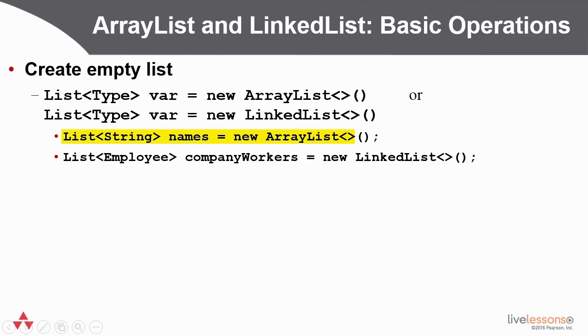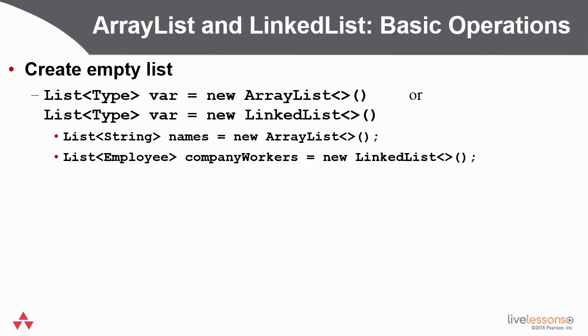But starting in Java 7, they made the compiler smarter, and it does type inferencing, and it realizes that you are using a list of strings, so it must be an array list of strings, and you don't have to repeat it. That empty set of angle brackets is sometimes called the diamond operator. You still have to put it, otherwise Java will think that you just want to have arbitrary types and use object. But you don't have to repeat the type inside the angle brackets here.